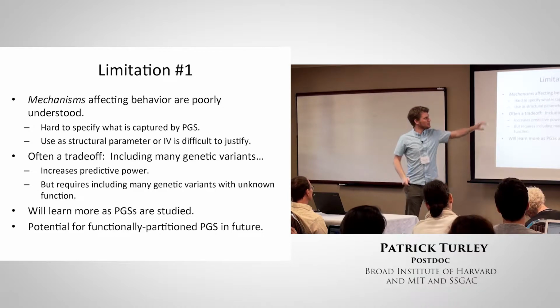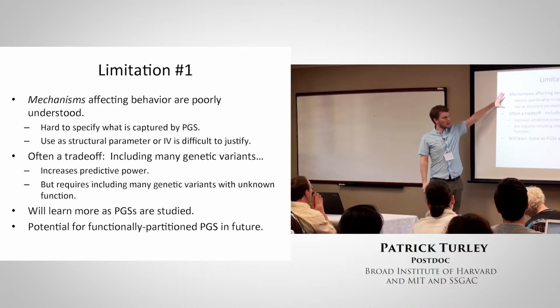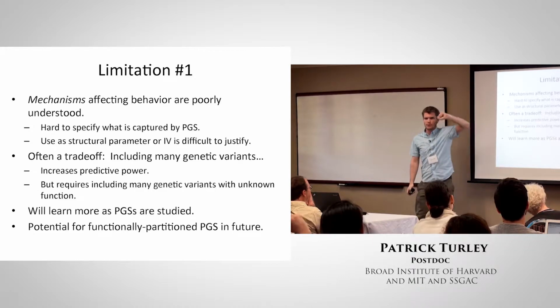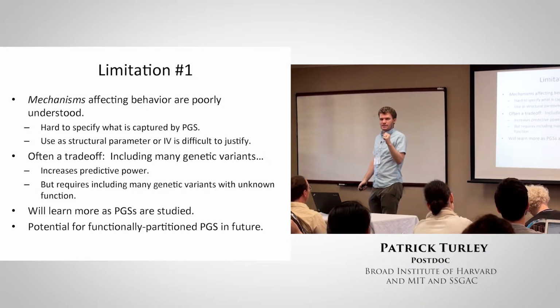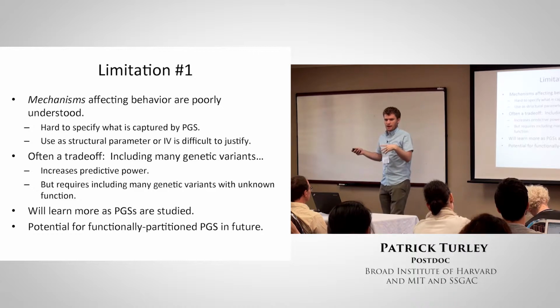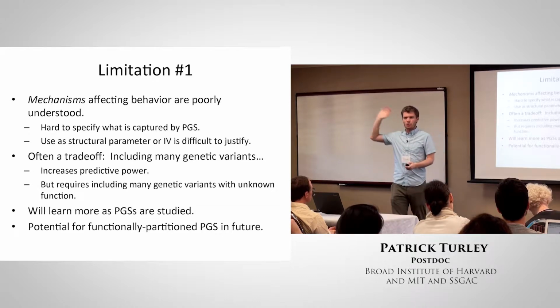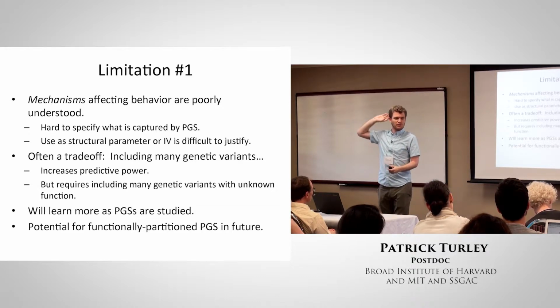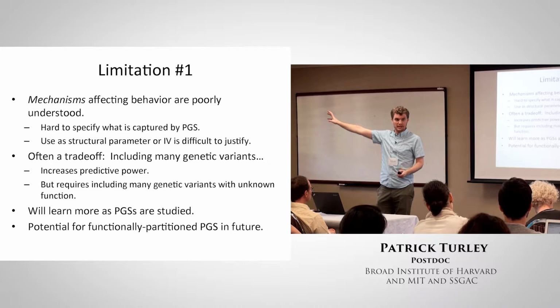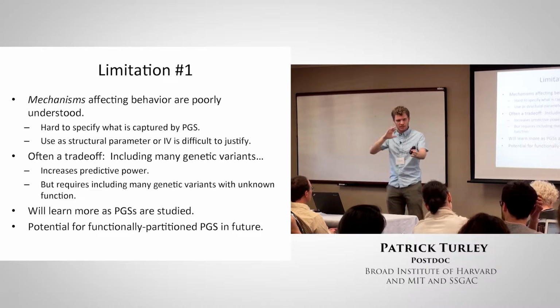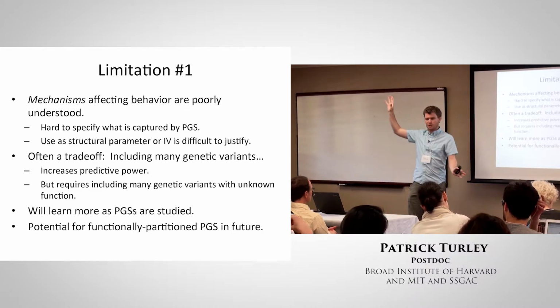Something that might cause this problem to not be as big is that in the future we may be able to create polygenic scores that are based on certain types of SNPs. So we could say, I'm going to create a score that is only SNPs that are involved in these biological mechanisms, or only SNPs relevant to whatever question we're interested in.